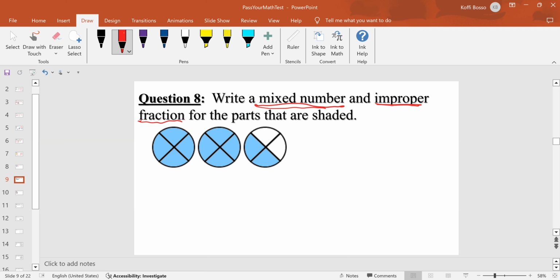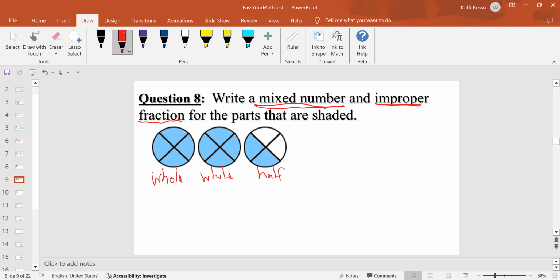So the thing is this. This is a whole. So the entire shape here represents a whole. We have a whole. We have a whole. No, not a whole. We have a half of that whole. Half is shaded.